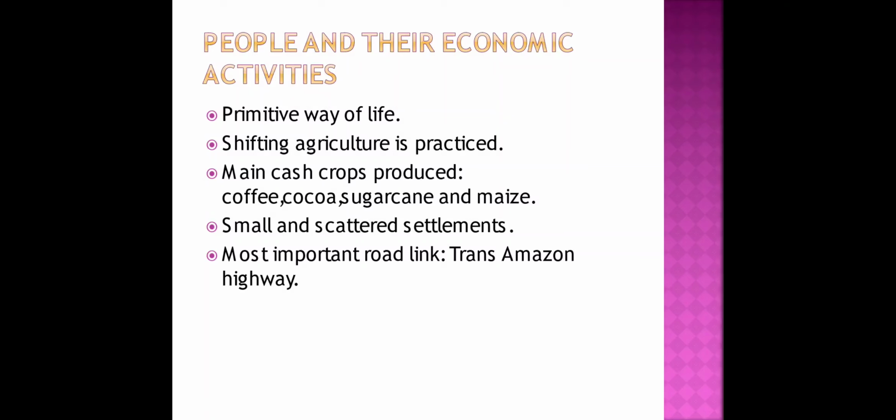But due to the contact of Europeans, the life of the people started changing. New towns were developed along the river bank. Then people started moving to those towns so that they can find some work. Then a number of roads have been developed. In fact, the Trans-Amazon Highway was built, which is an important road link that has made all parts of the forested region accessible. Okay.